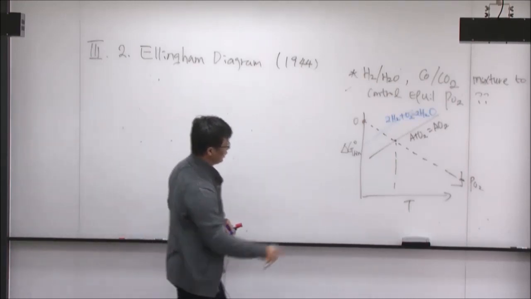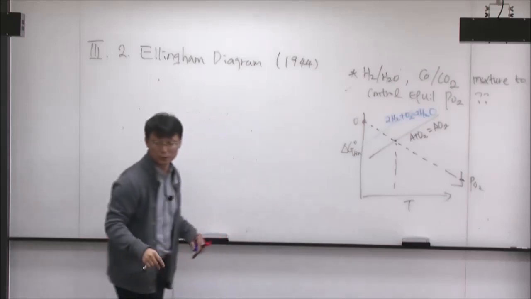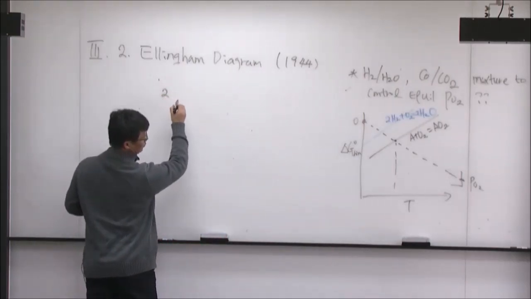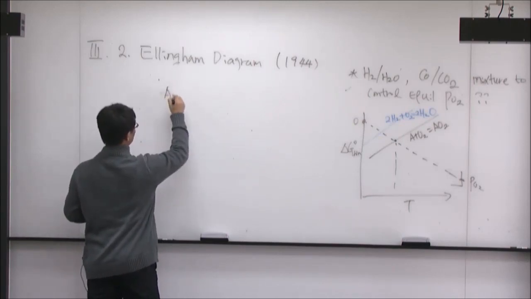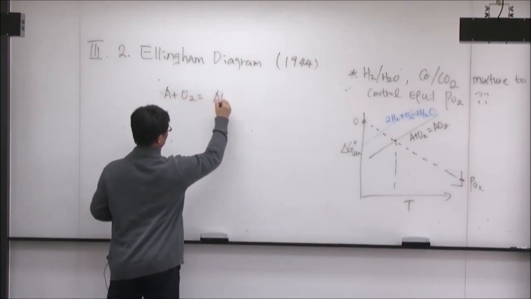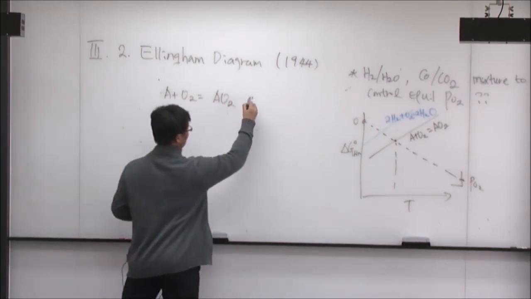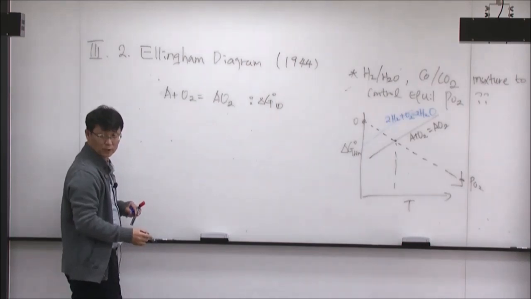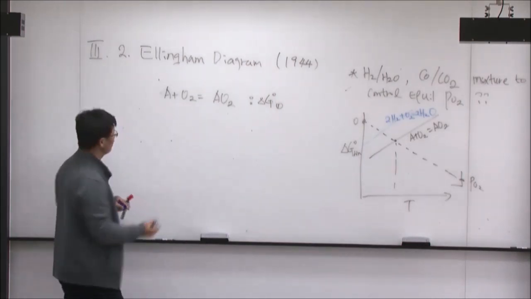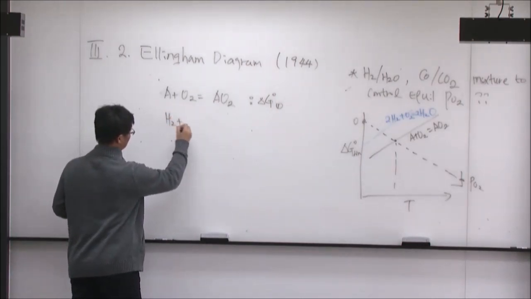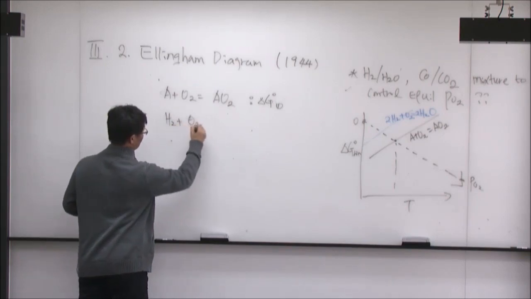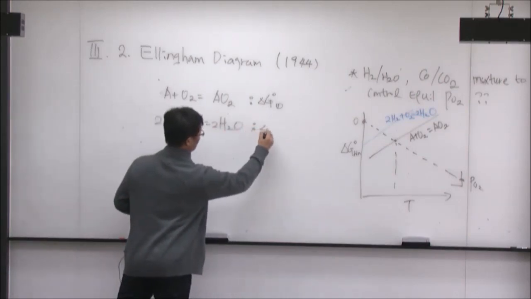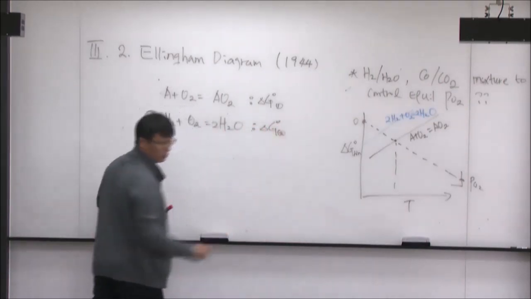So mathematically, if you want to know this partial pressure, we have to combine the two equations together. Okay, so 2A plus O2. Okay, so I know this delta G naught of reaction 1 from the graph. Okay, and then H2, this one.